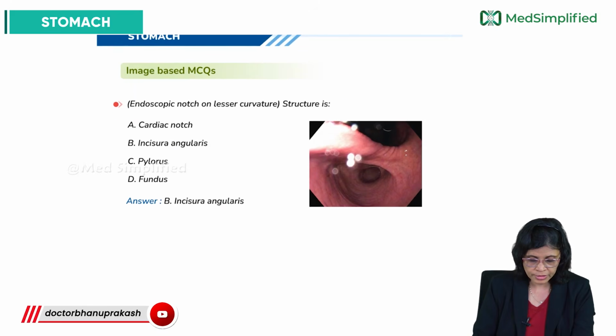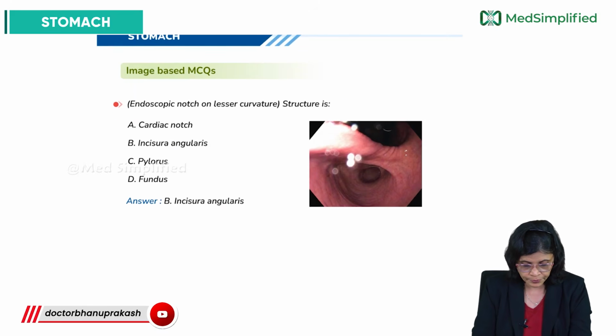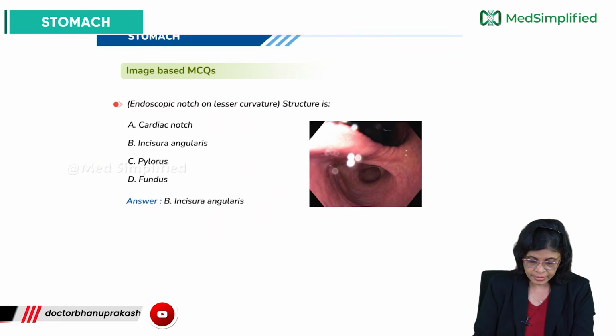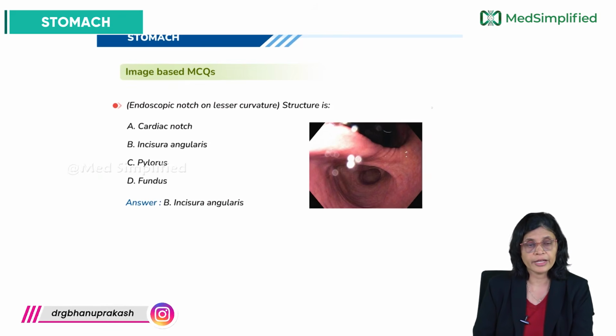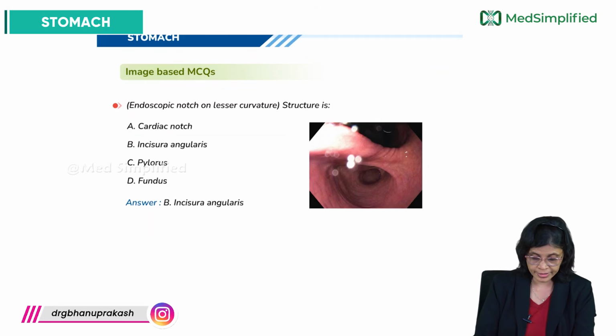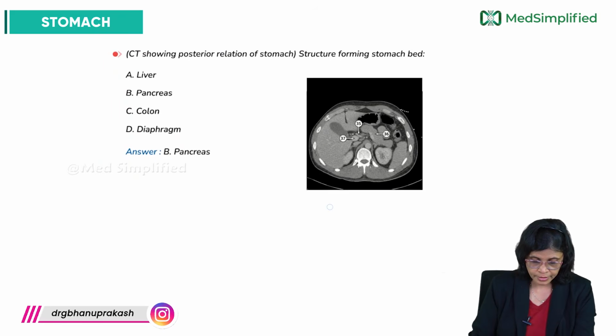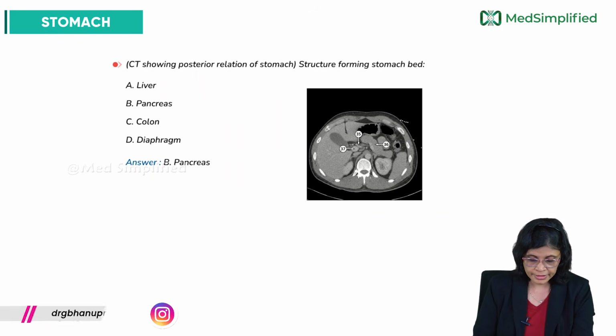So let's now solve some of the image based MCQs. This is the endoscopic picture. What structure is seen here, on the lesser curvature? This notch is basically the incisura angularis. The second question, CT showing posterior relations of stomach, structure forming the stomach bed.